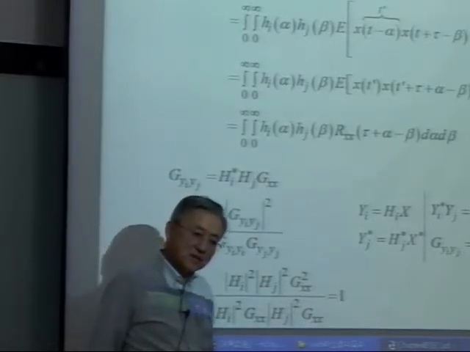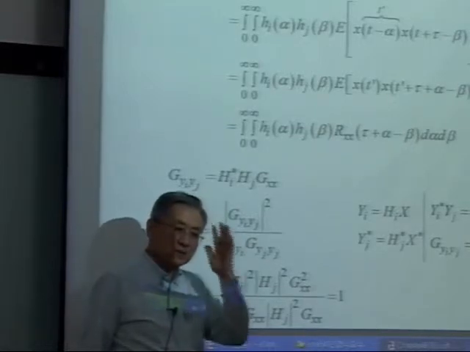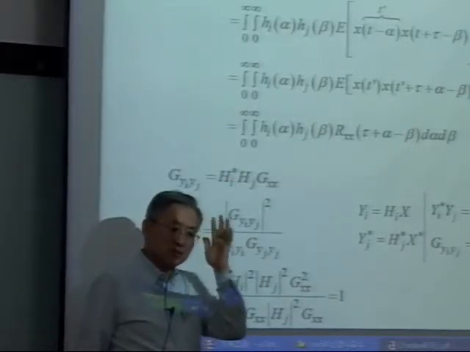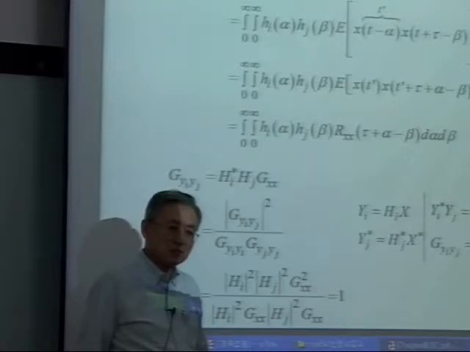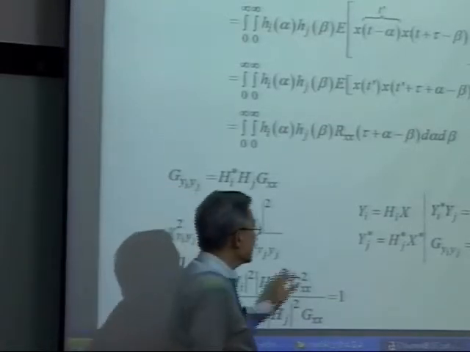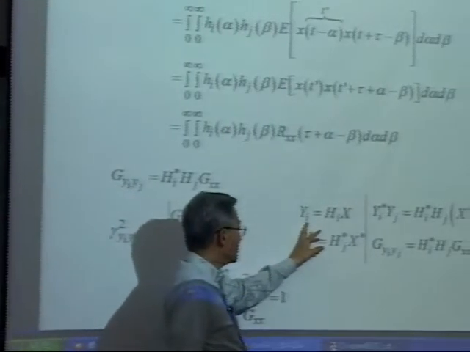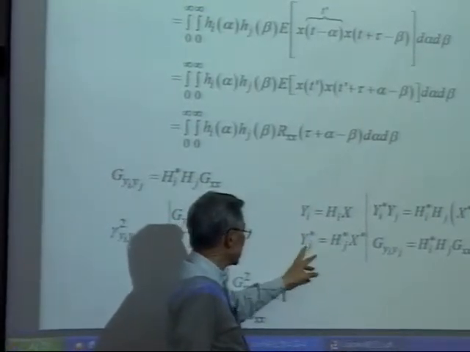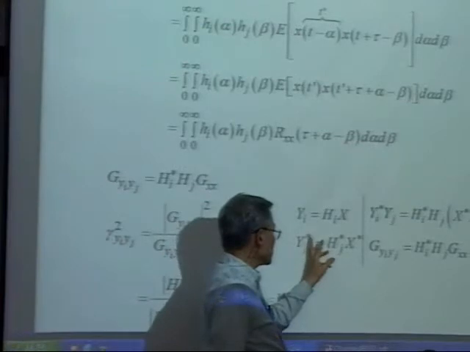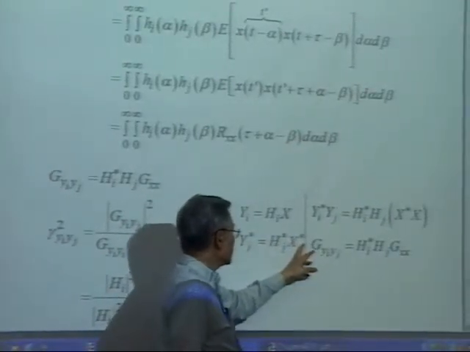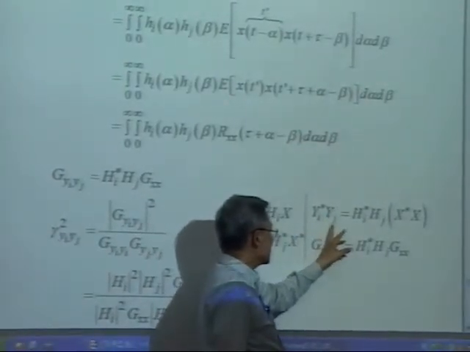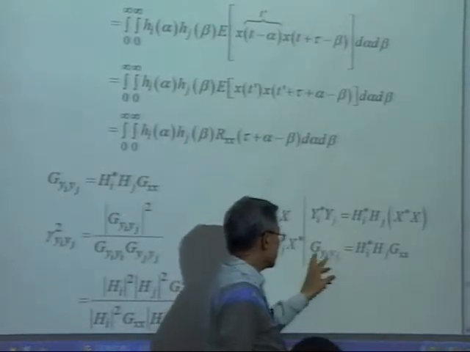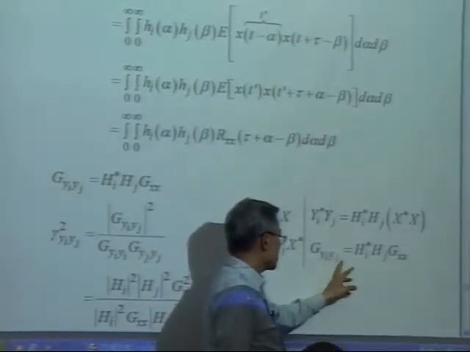If it's not the ideal system, then of course you expect the value is less than 1. And Yi is Hi Xi, X, Yj star. This is multiplication, Gyiyj.